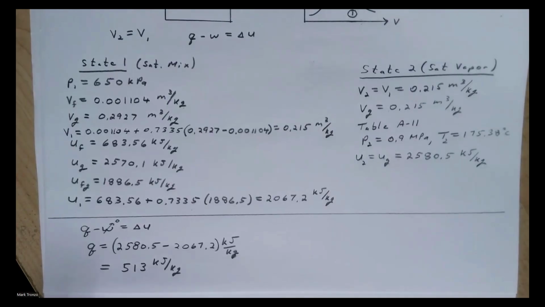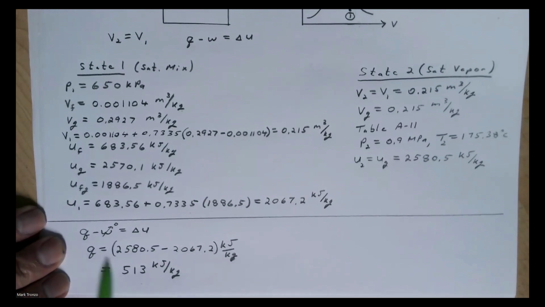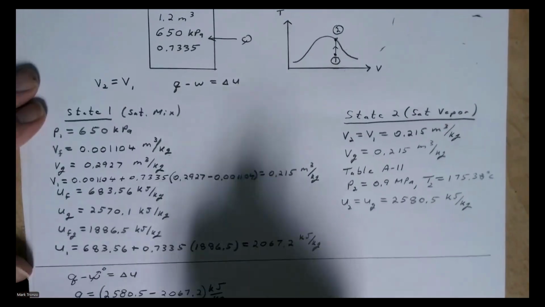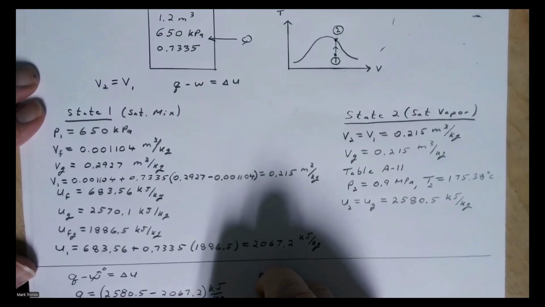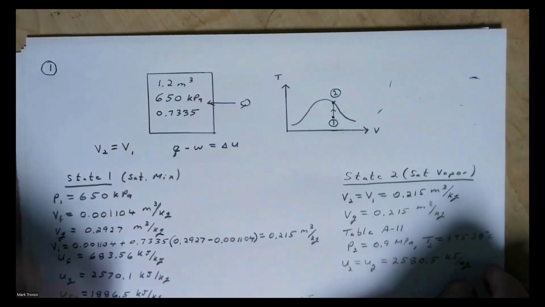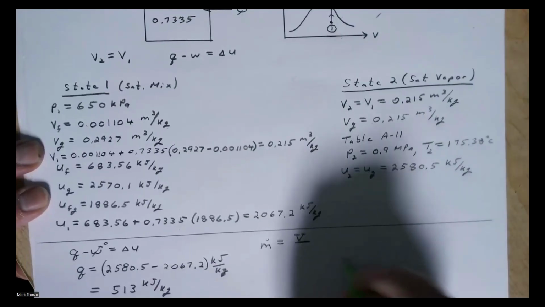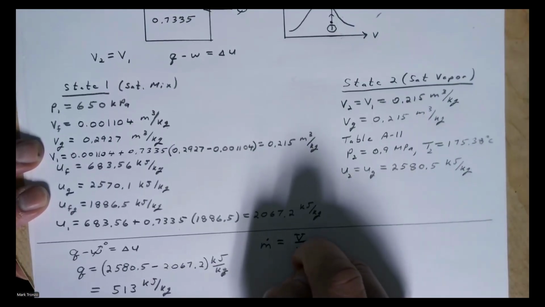Now this is the heat added per kilogram, but we want to find the total heat added. So we're going to have to find the mass, aren't we? We'll have to find the mass and multiply the mass times this value. And so we can find the mass by taking our volume, which is given, and dividing it by our specific volume.